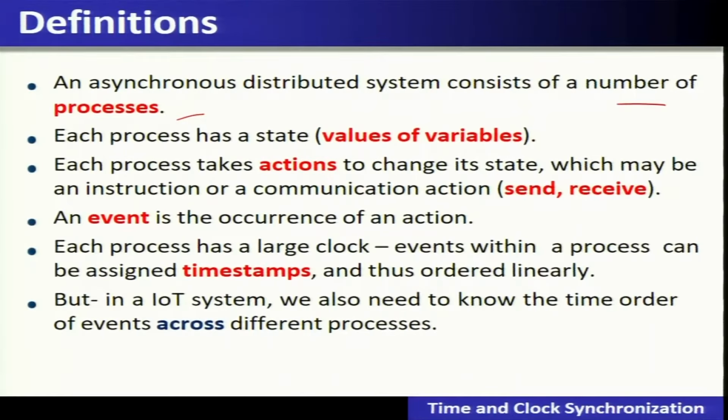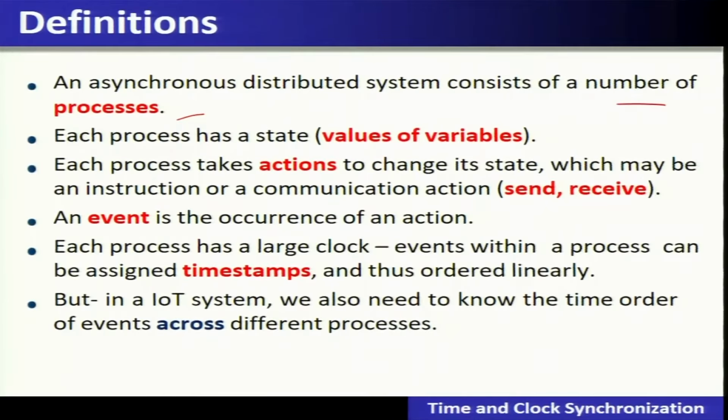So each process has a state, that is the values of the variables. Each process takes actions to change its state, which may be an instruction or a command action, that is a send or a receive action. So an event is an occurrence of an action.